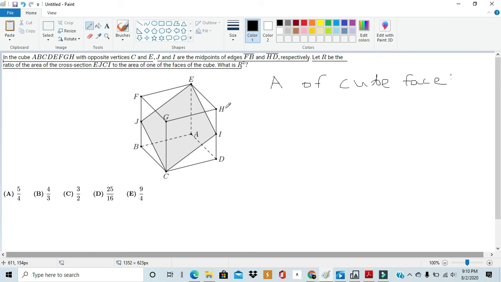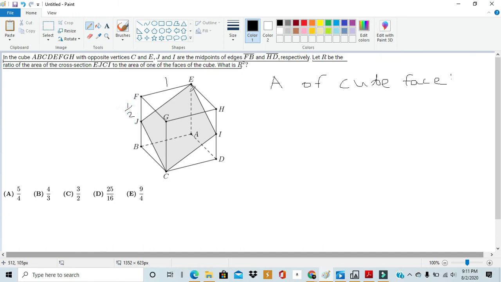Using that, we can see something interesting with all the sides. Side EJ is the hypotenuse of a triangle with sides FJ and FE. Since we're treating it as a unit case because of our original condition, we know that FE is 1. And then since in the problem it says that J is the midpoint of FB, which is also 1, FJ is 1/2.